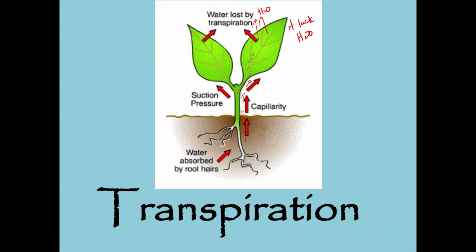So this is important to produce the suction pressure, to help the water from the root go to all parts of the plant, and at the same time it also produces a suction pressure for the food to go up. So this is the importance of the process of transpiration.